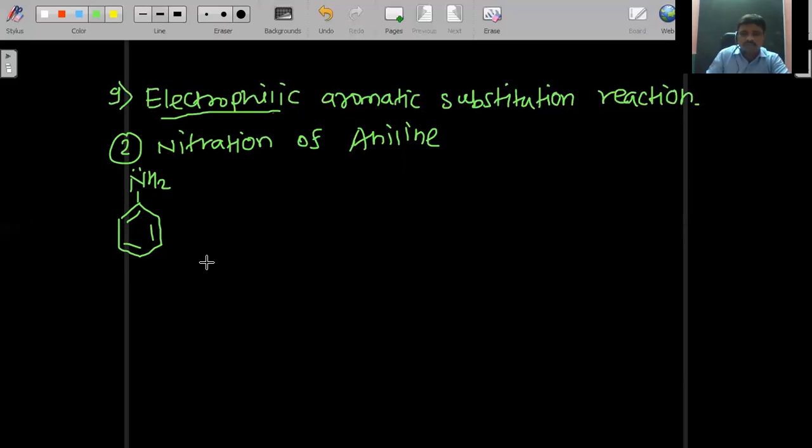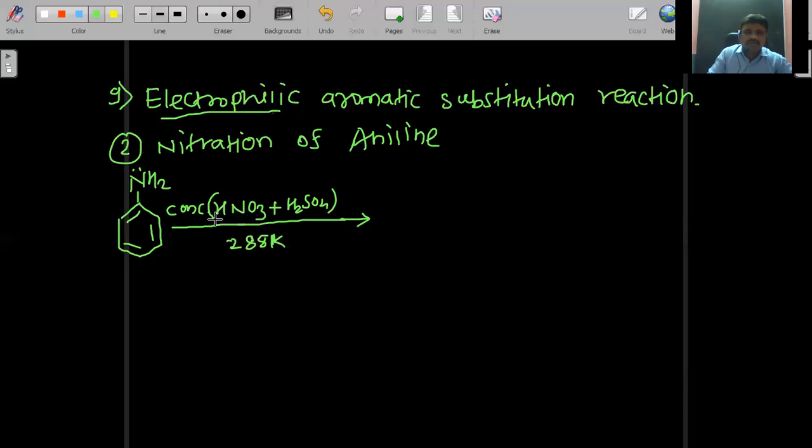That NO2 group is produced by a mixture of concentrated HNO3 and concentrated H2SO4. So both HNO3 and H2SO4 are taken as concentrated, and the temperature for this reaction is 288 Kelvin.